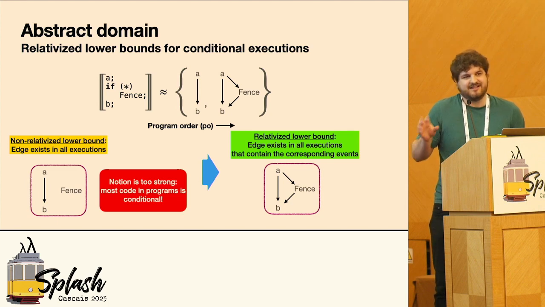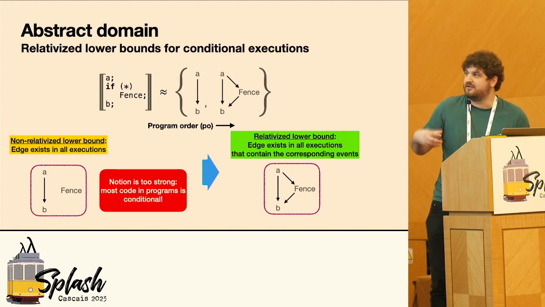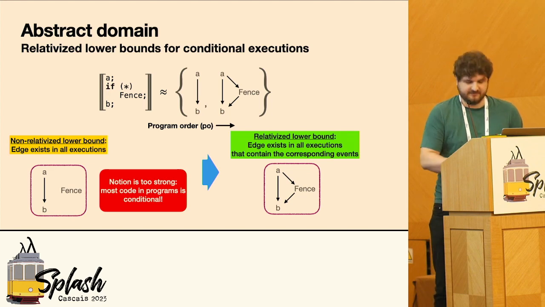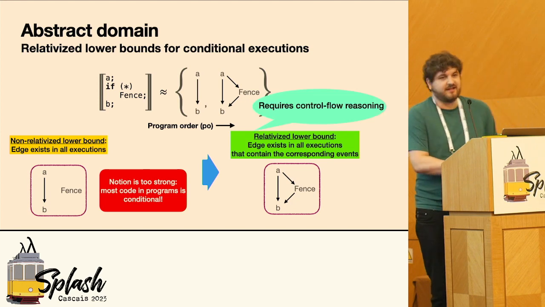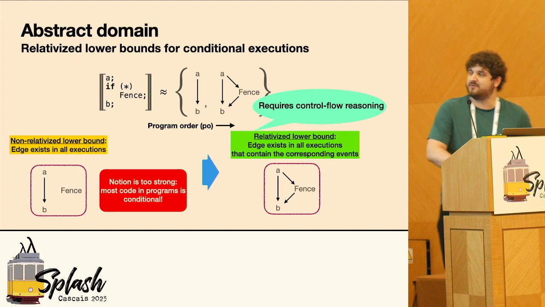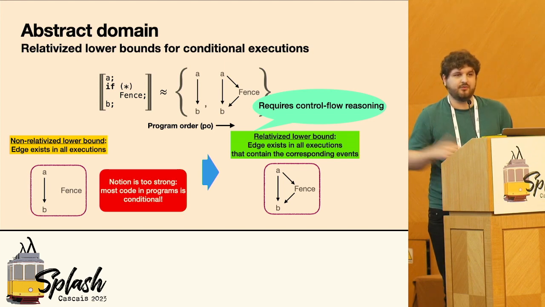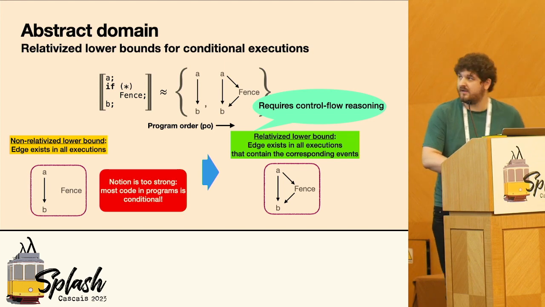So this lower bound is sort of relational. It connects the edge variables to the execution of the events. This then also requires us to incorporate some control flow reasoning to work over this domain.